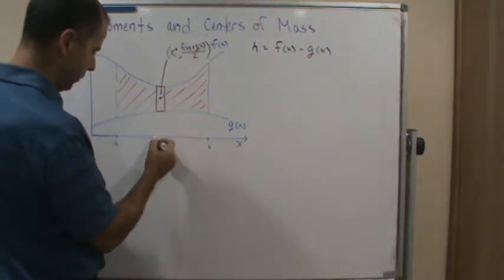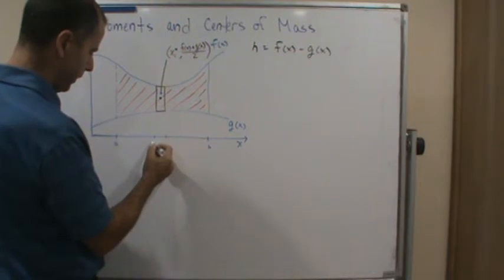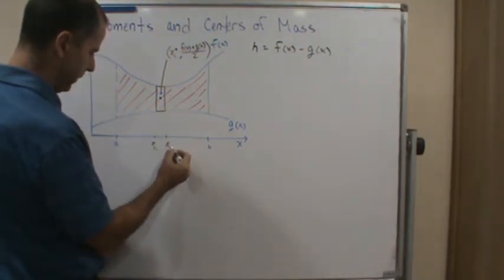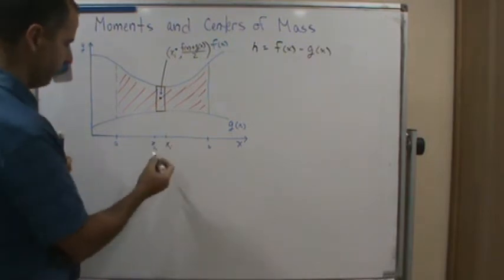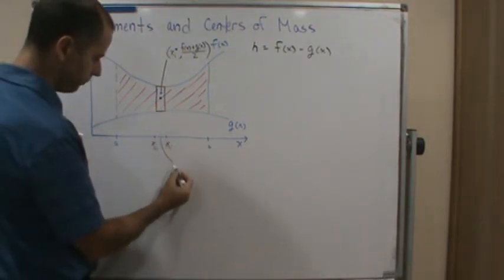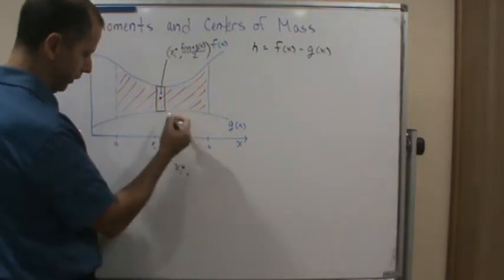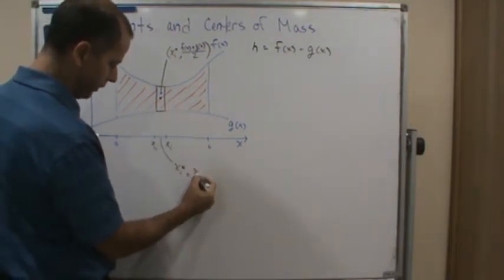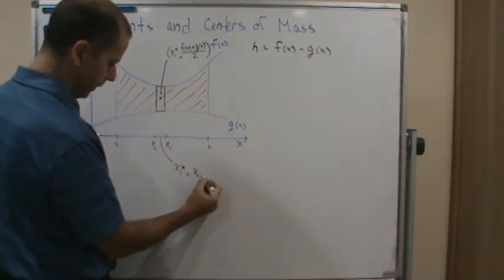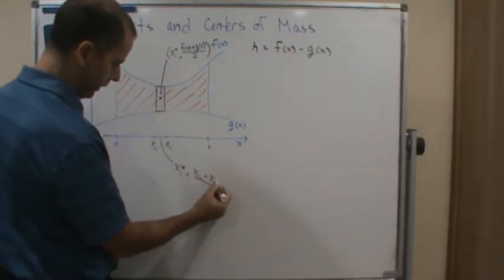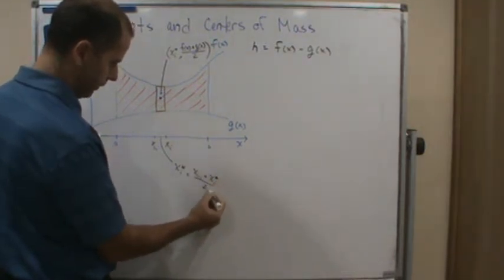Again, we have x sub i minus 1 and x sub i, and we define x sub i star as the midpoint of the rectangle. So that's going to be x sub i minus 1 plus x sub i, divided by 2.